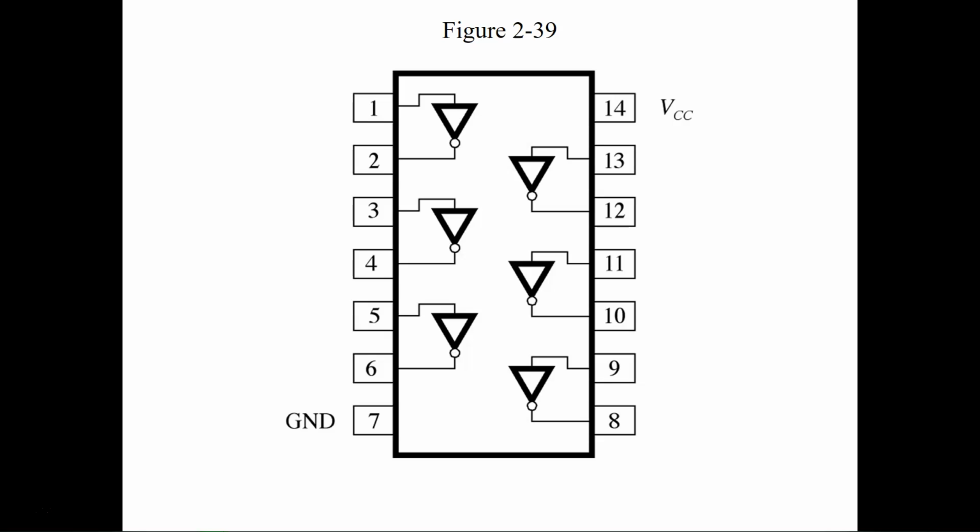Is this one of those chips that go inside like a digital clock to change the numbers? We will be talking about those, but not this. Not this particular one. This one you might find in something like a TV or a radio. Theoretically, you could find it inside a digital clock.